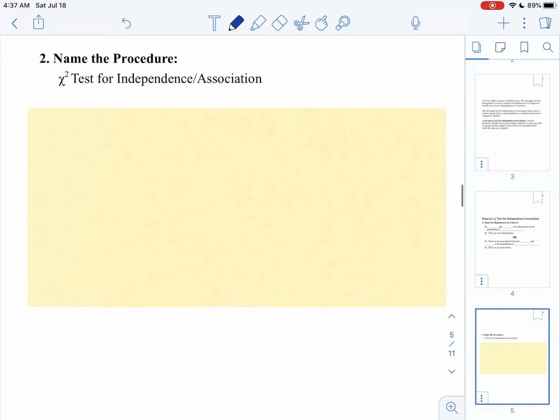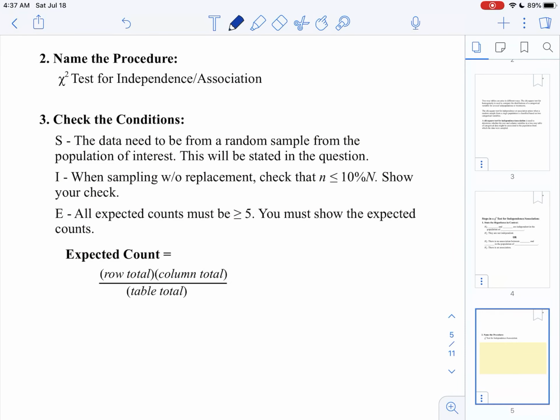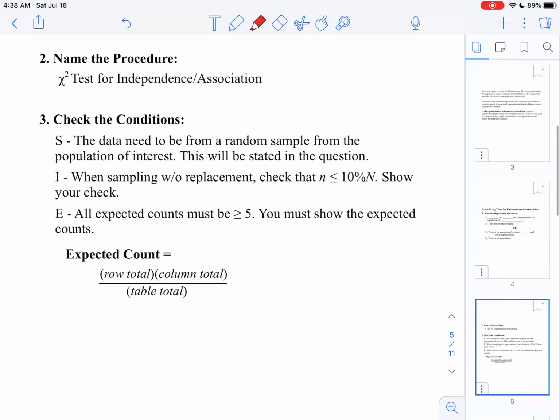And then our good old step 3, right, we are going to check our conditions, and this time they're a little different, right? We don't SIN, we SIE. So the S is the same as it's always been. The data need to be from a random sample from the population of interest, and again, I want to point out we're talking about a single random sample versus a stratified random sample for a chi-square test of homogeneity.